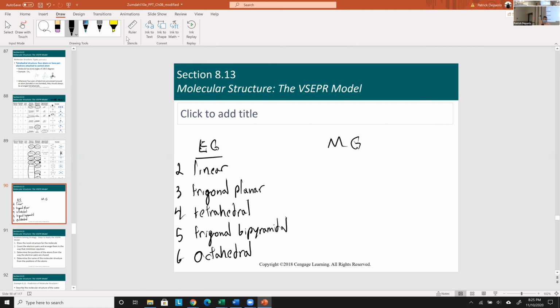So that's the easy one. That's for electron geometry. That is just the electron groups.